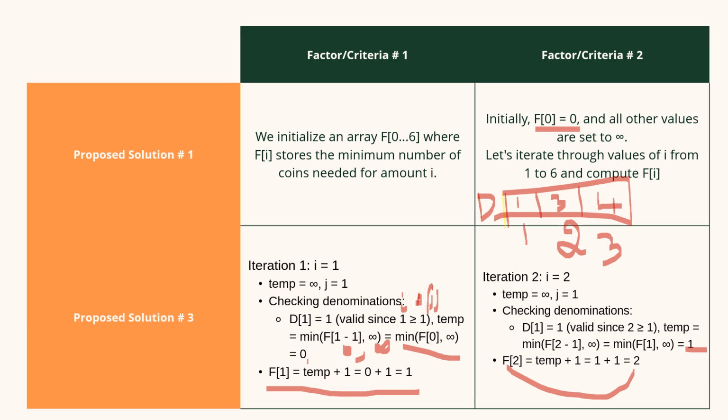So what we are trying to tell is that when I is 1, you can only take one coin, that's it. If I is equal to 2 also, we can take only one coin.